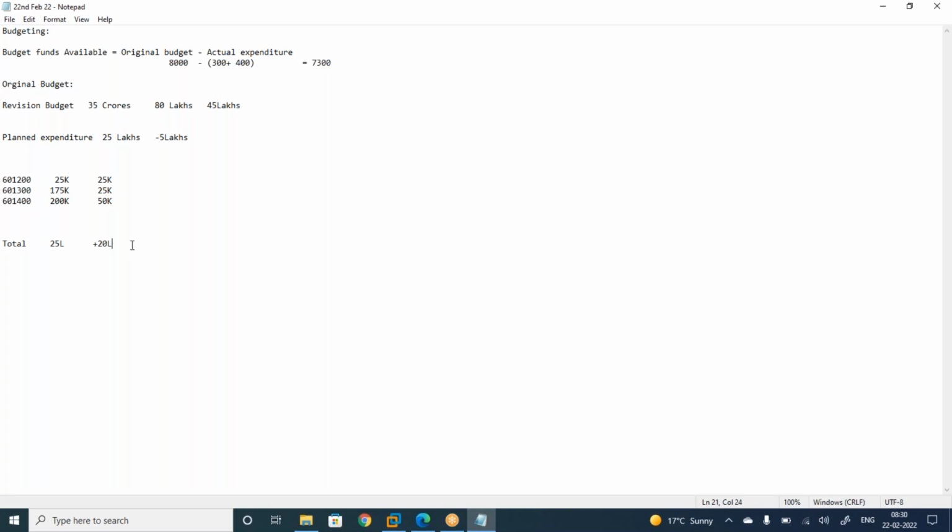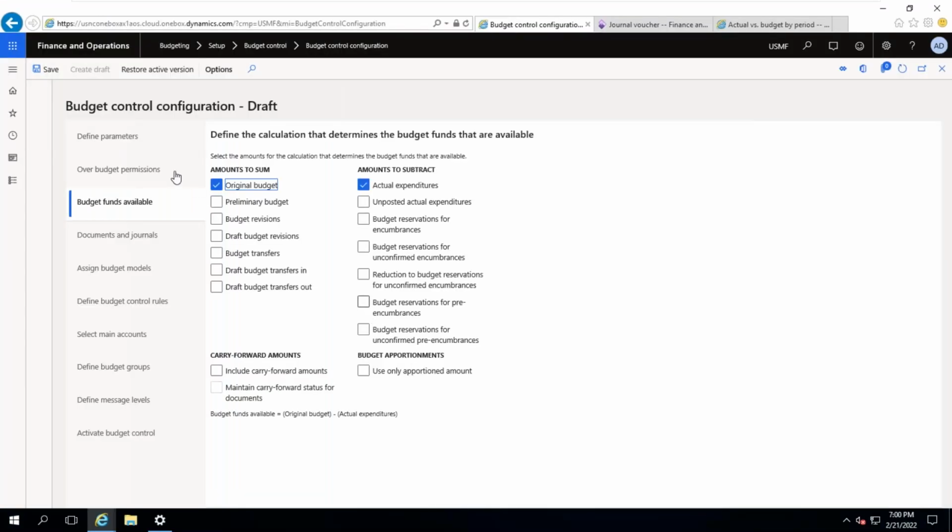Revision budget means it may be increasing, it may be decreasing. You are adding that one. So in this case, you can click on the original budget plus revision budget. Budget funds available means original budget plus revision budget minus actual expenditure.